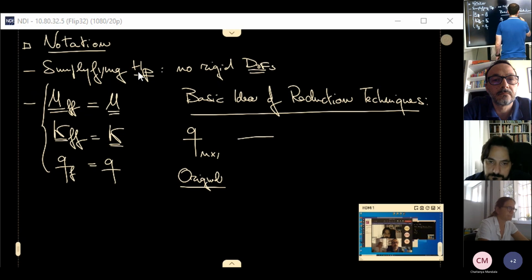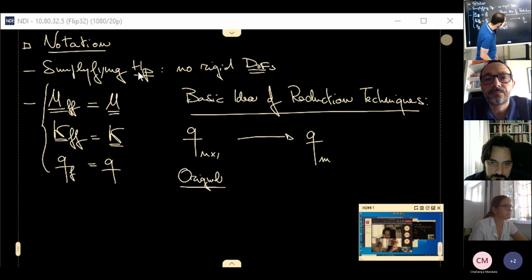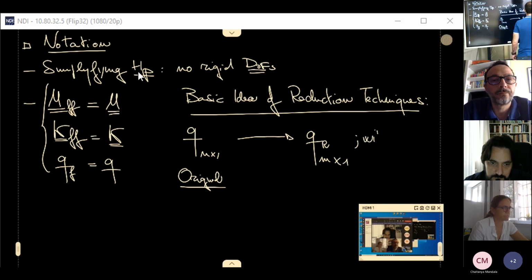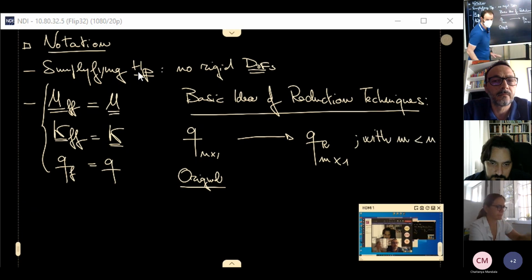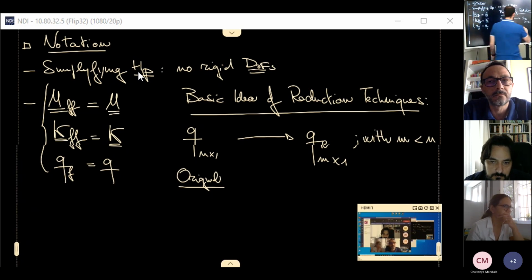And somehow we want to pass to a new vector of nodal coordinates, which we can refer to as Q, with R as a subscript, so reduced, which is an m times 1 vector with m smaller than n. Okay, this is the really simple idea. And this is the reduced again.